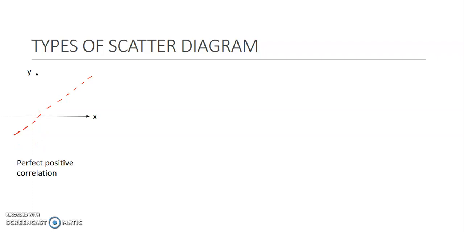Second type, if you get something like this, a very nice decreasing line, you can see that the relationship between X and Y is perfect negative. The two variables are in perfect negative correlation.